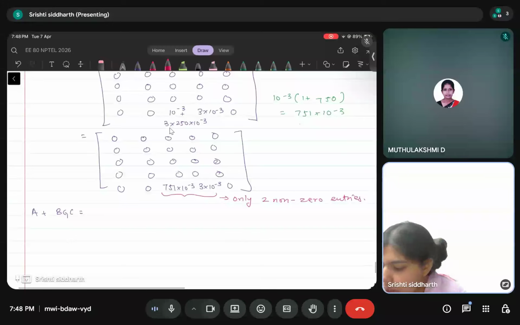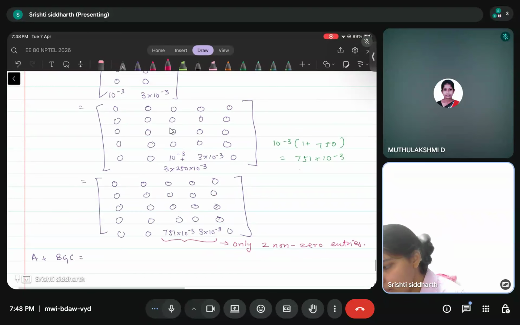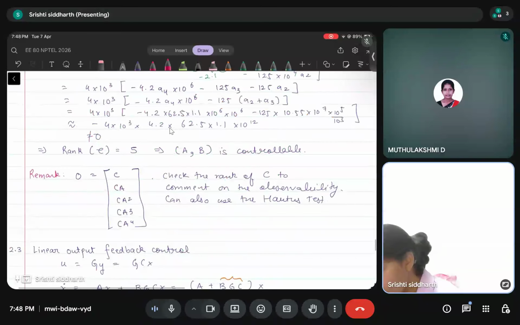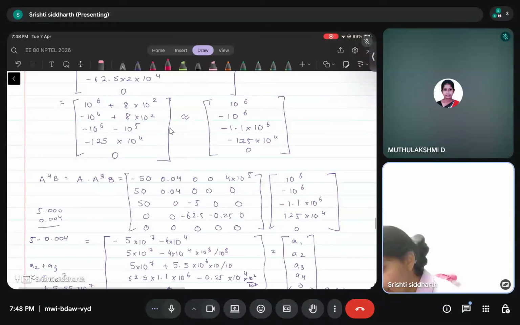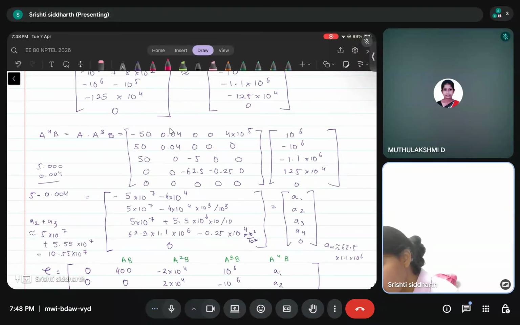So we'll just add the two non-zero entries to the corresponding entries of A. And the last row of A is 0. So we'll just have to add those two non-zero entries in these places, right? So let's write this down.